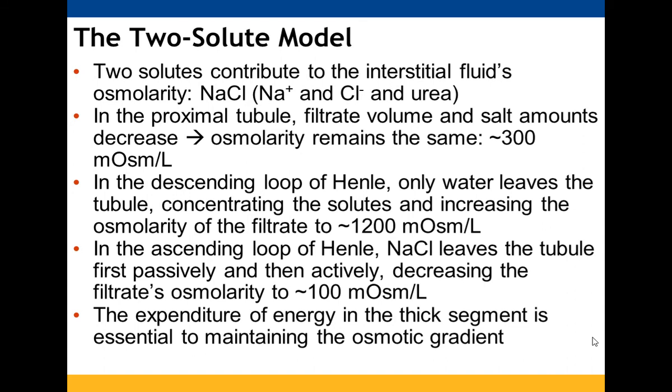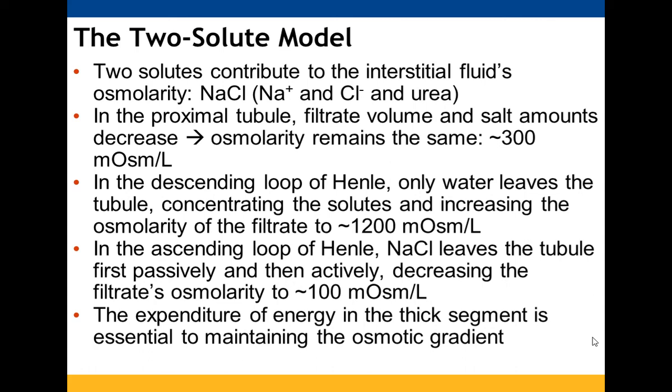So we talked about the two solute models looking at what's happening with those two particular substances. We talked about how in the proximal tubule, the osmolarity remains roughly the same because you're losing both salt and water. And in the descending limb, because you're losing water, your osmolarity is going to increase pretty substantially, continuing to lose water until it reaches the osmolarity of the surrounding interstitial fluid.